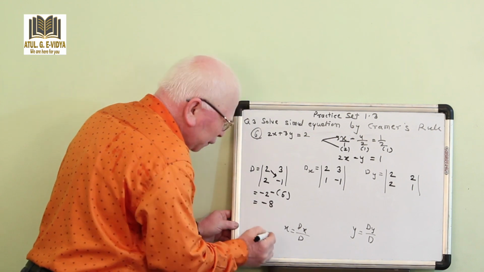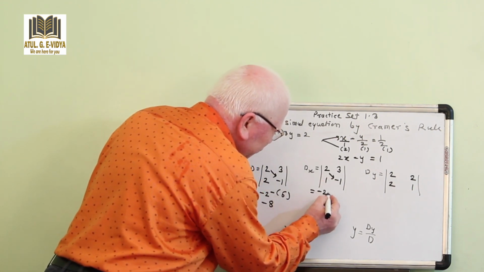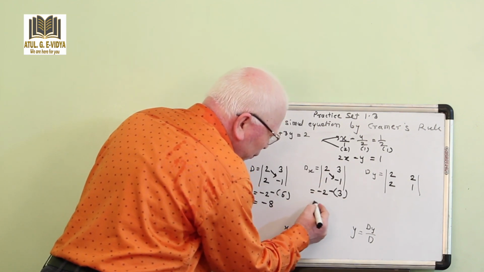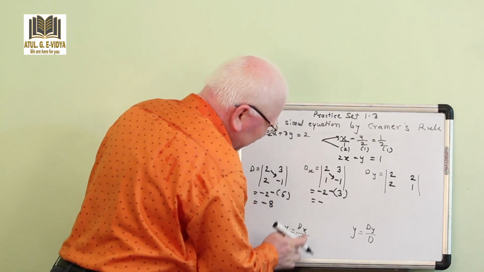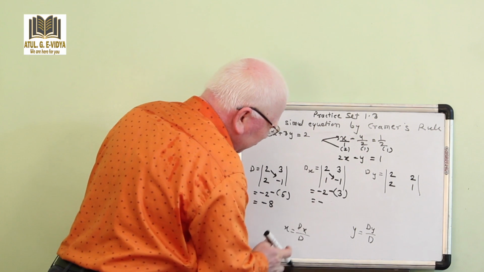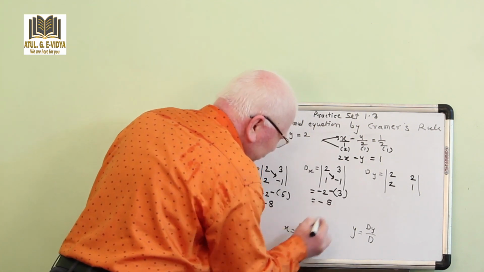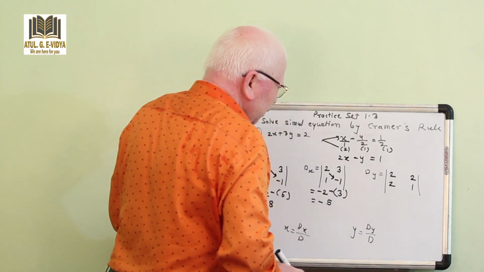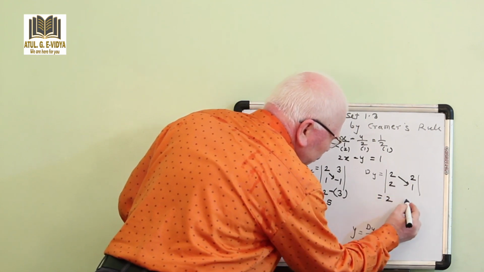Answer is minus 8. Here also 2 into minus 1, that is minus 2. 3 into 1, that is 3. And such minus sign from our formula. 2 into 1, that is minus 2, and 3 into 1, that is minus 3. Minus 5 here.